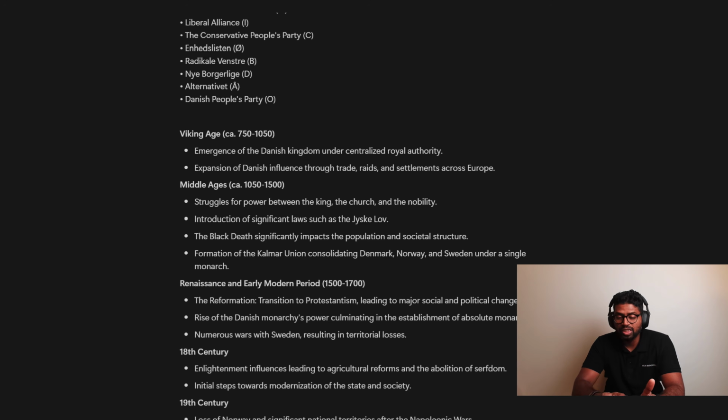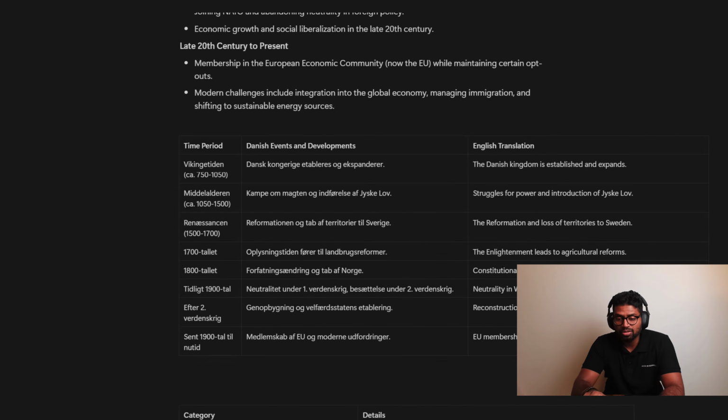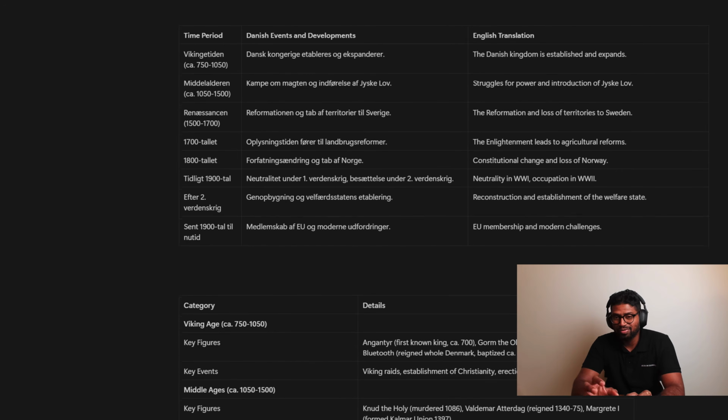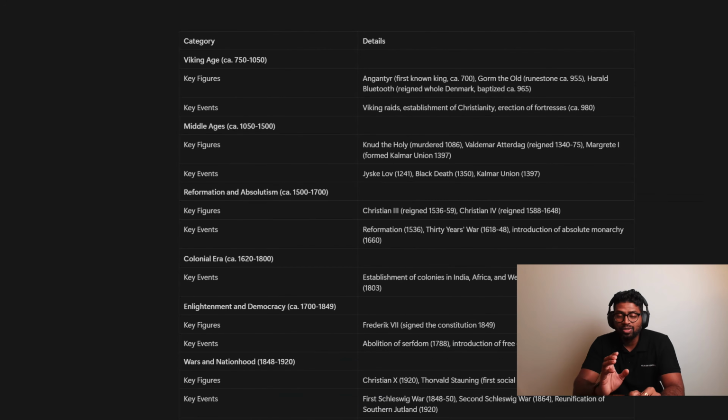Middle Ages 1050 to 1500. Renaissance, 18th century. And then you have tables between these periods. What are the major events and developments that have happened? You can also see both in English and Danish. So it gets you to a point where you familiarize, you grasp the message faster, and also perceive it more easily.